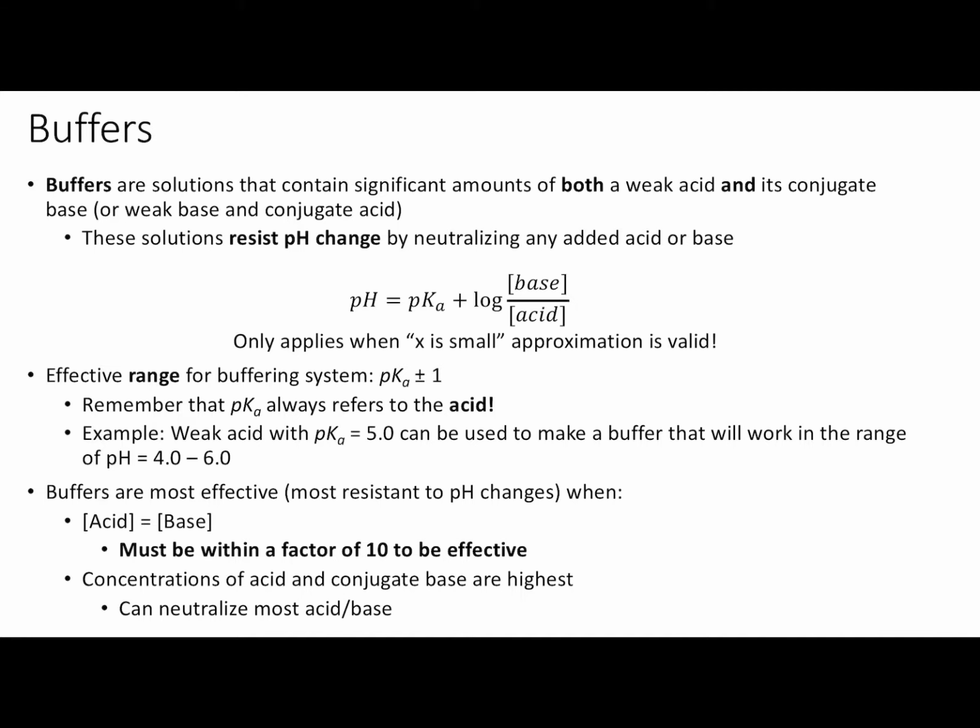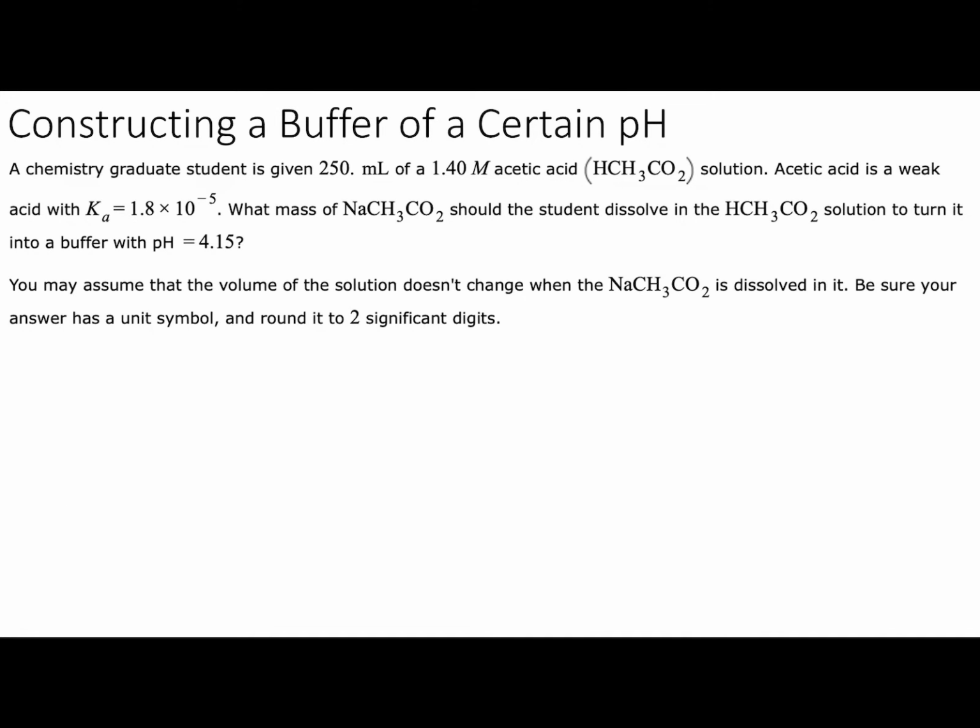There are many different ways to construct a buffer of a particular pH. We'll just look at one example today and see if we can show you how to derive how to create that buffer solution. So here is our scenario. We've got a chemistry graduate student, and they're given 250 milliliters of 1.4 molar acetic acid.